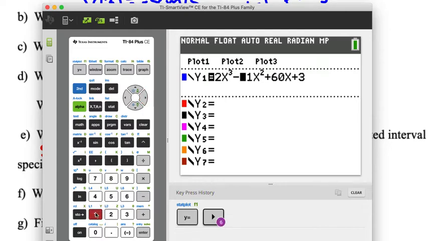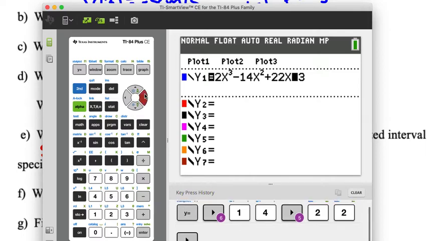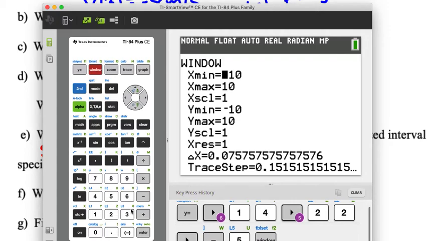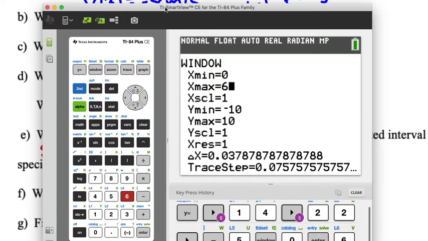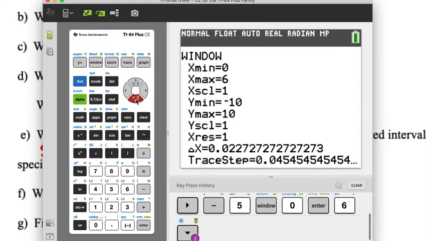So let's make this 14x squared plus 22x minus 5. When I did this on my calculator, not on the one online here, I set my window like that, and then I set my Y min.